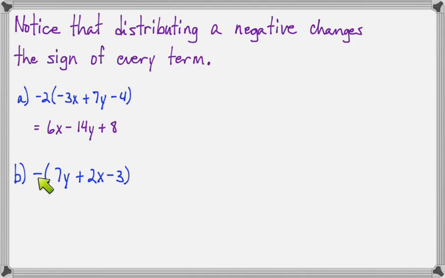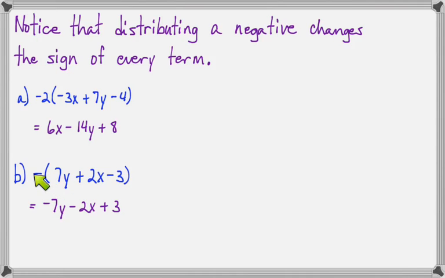So whenever you see a problem like this, where there's just a negative in front of the parentheses but no number, you can pretend that it's a negative 1, because in fact there is a 1 here and it's just not written. So negative 7y, and then negative times plus 2x is going to make minus 2x, and then negative minus 3 makes plus 3.